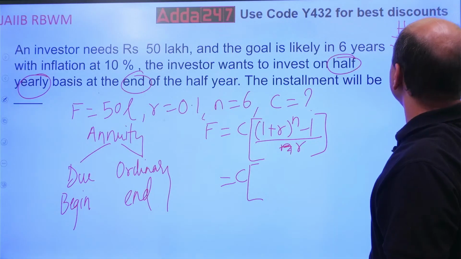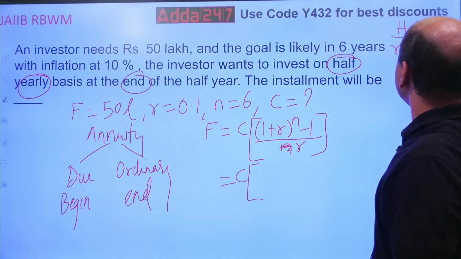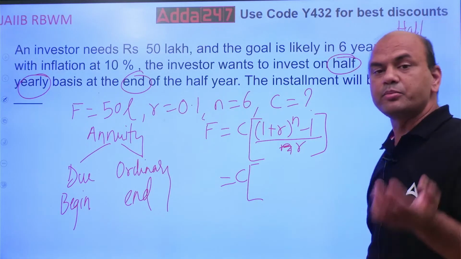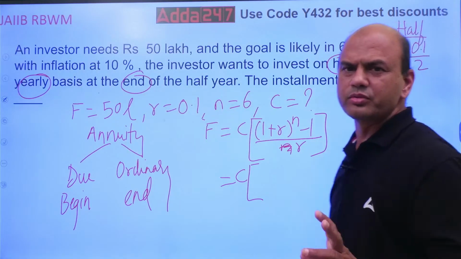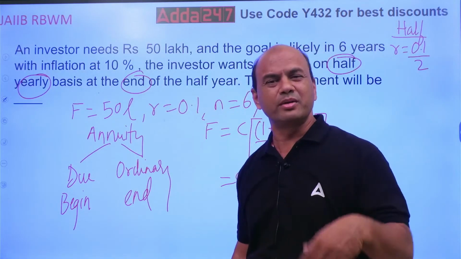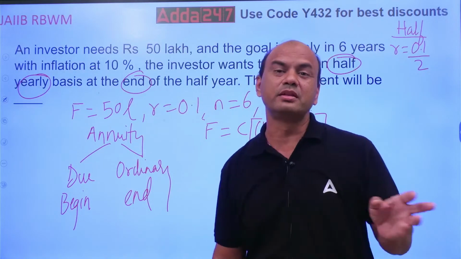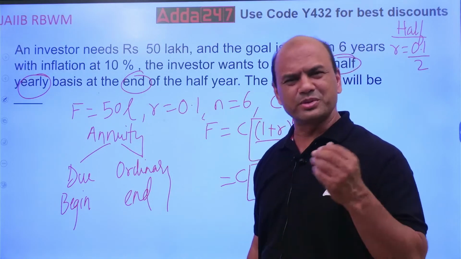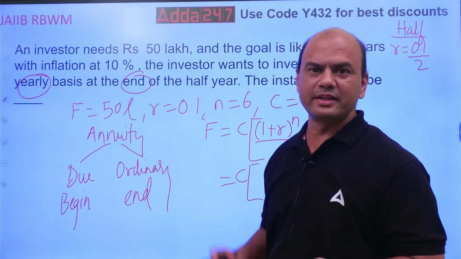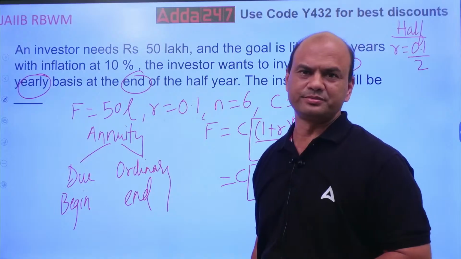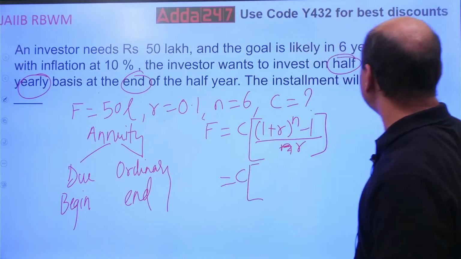So 0.1 upon 2. If it would have been a quarterly requirement, then 0.1 upon 4. In exams you get only one of two: half year or quarter. You don't get monthly. Some books give a monthly requirement, divided by 12. Theoretically it's possible, but practically in the exams it's not.